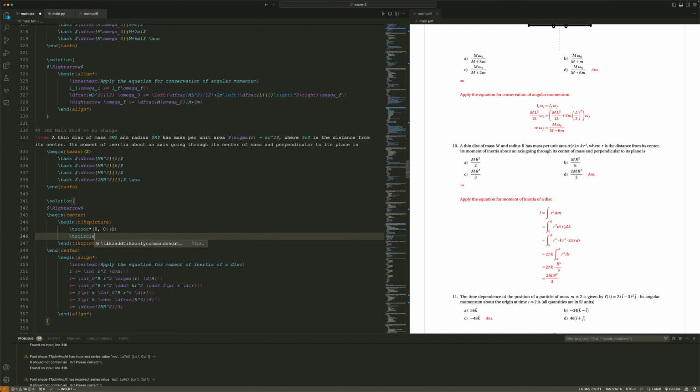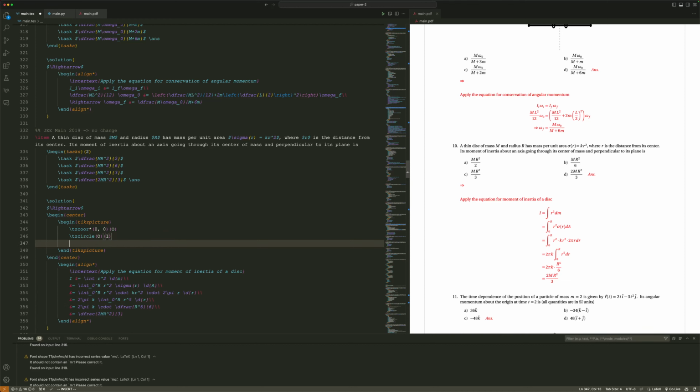Tikz circle. Actually, TikZ is a text based library, and I am using that. So tikz ring is another command, and let's run this first.